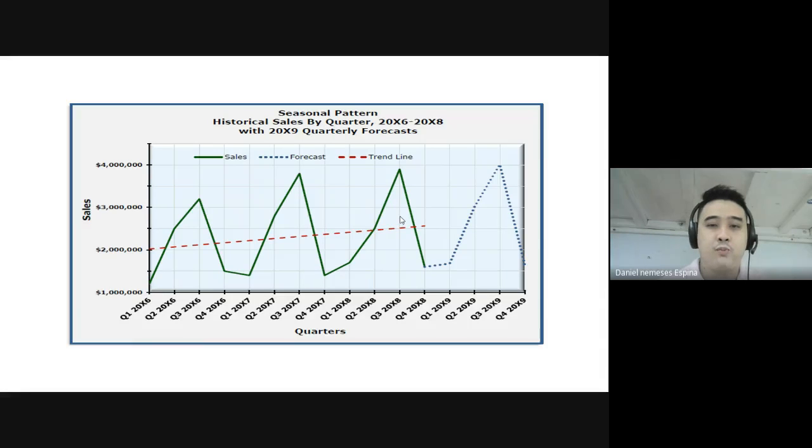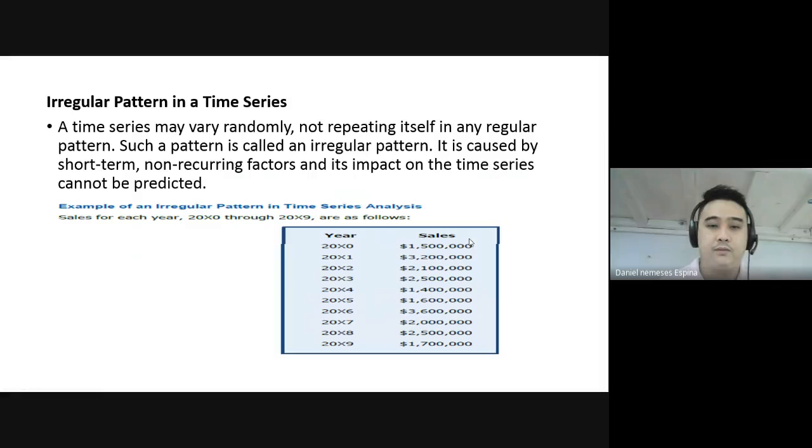As you can see, the seasonal pattern is more difficult than cyclical and trend. Even though we can come up with the regression line or the equation, we cannot depend on forecasting using the regression line. It is very far from the shape of our regression line.